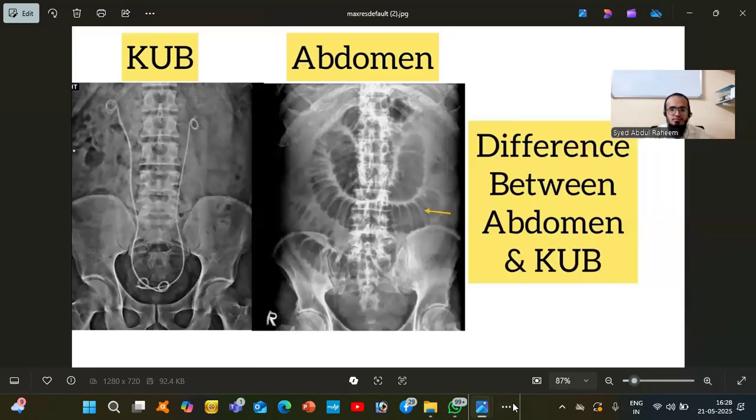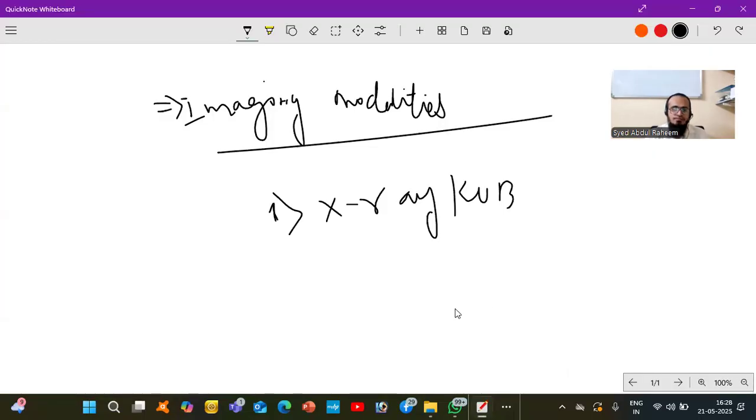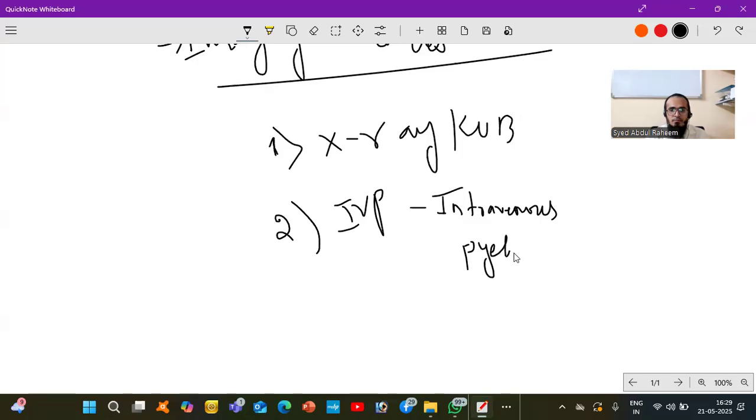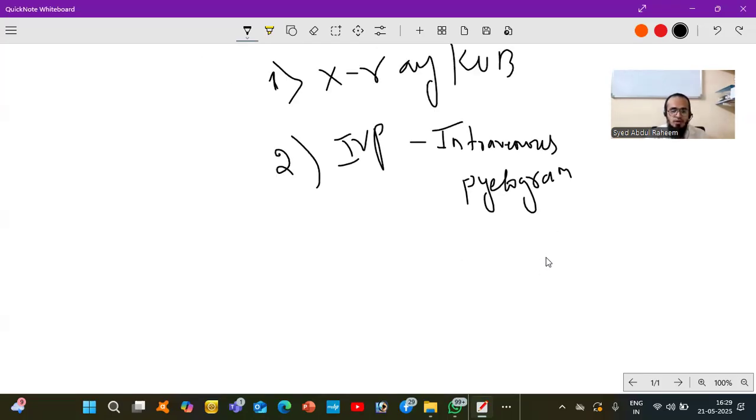The second type of scan to understand urinary system problems is the IVP. IVP stands for intravenous pyelogram.